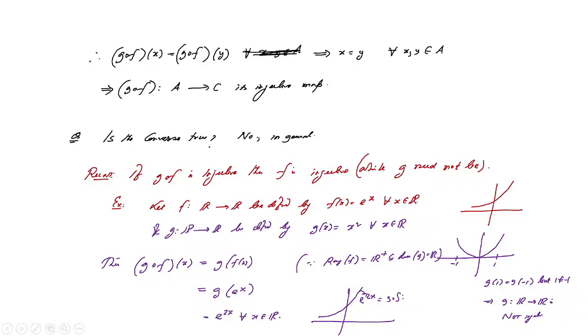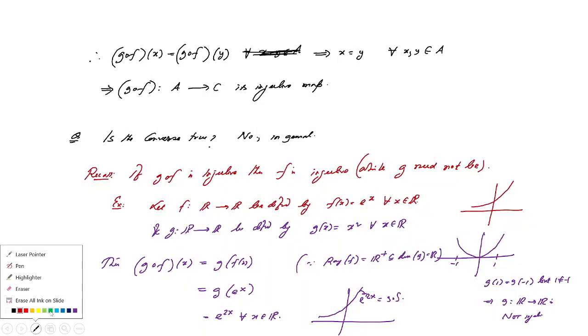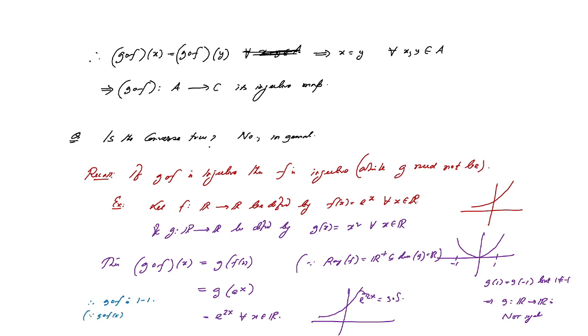So therefore g composed f is injective. You can check easily: g composed f(x) equals g composed f(y) implies x equals y for all x, y belonging to the real numbers.